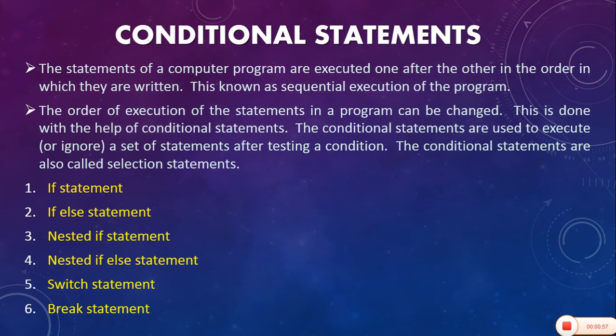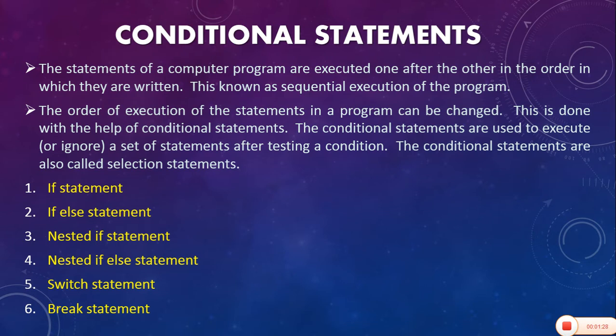The sequence is not disturbed in the C++ program. If you want to execute any statement before another statement which is written below that statement, or if you want to skip any statement which is coming in sequence, then we use several different types of conditional statements, or these are called the control structures.